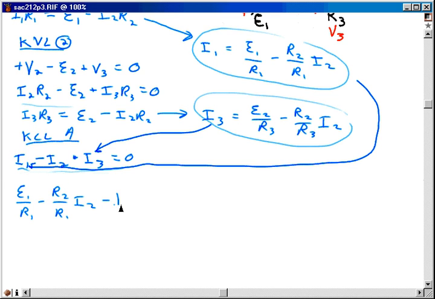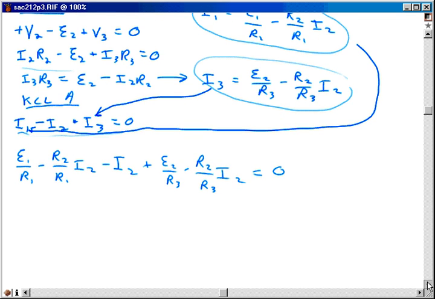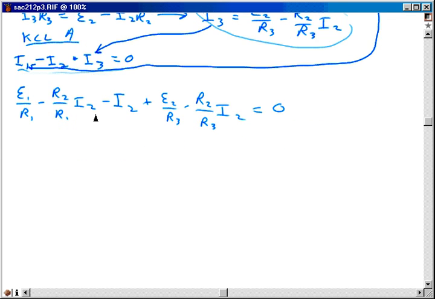And then minus I2 and plus I3, which is this expression, and all equal to 0. So I'm just going to solve that now for I2. I'm going to add everything that's got an I2 in it to both sides.